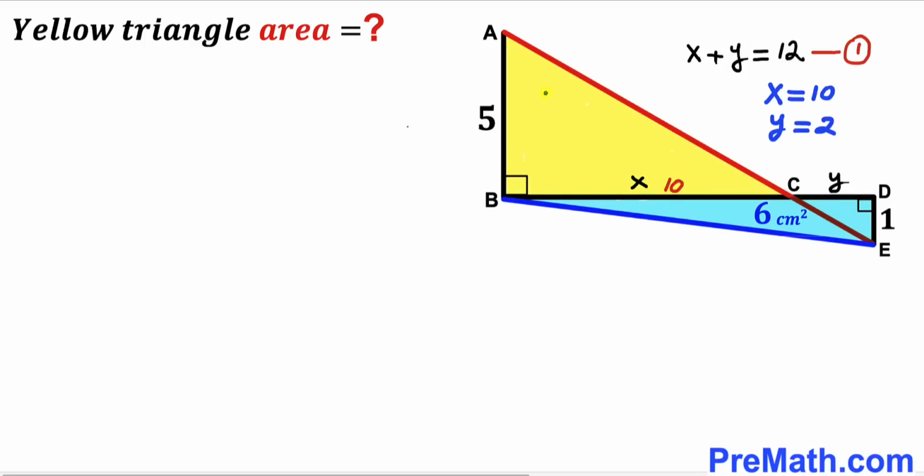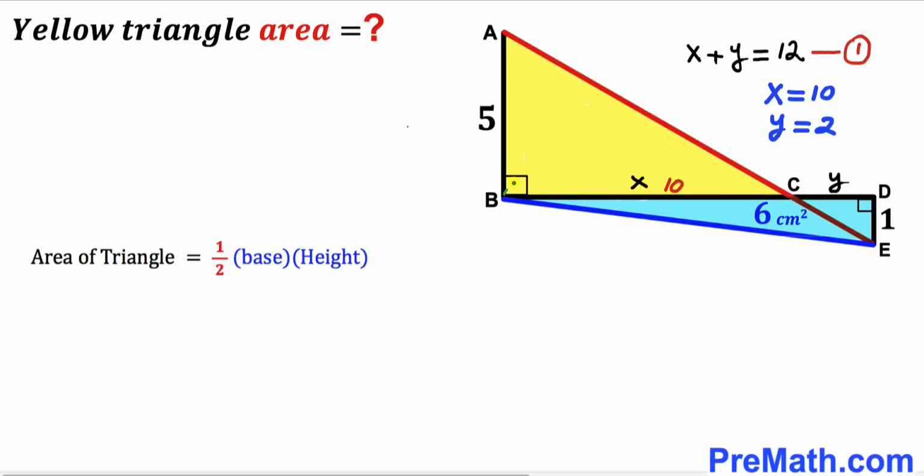Here's our final step. Now we are going to calculate the area of the yellow shaded triangle ABC. Let's recall the area of a triangle once again: area equals a half times base times height.